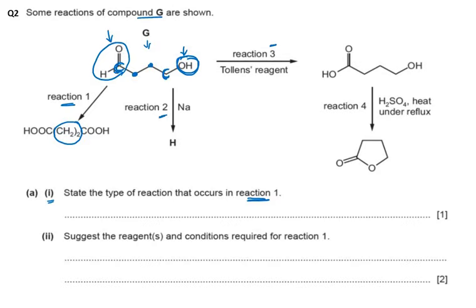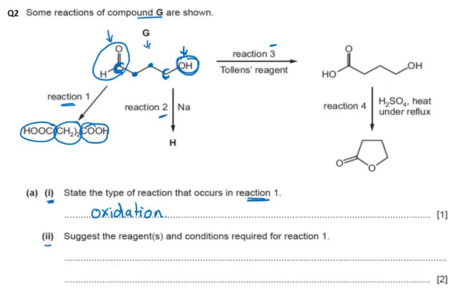Here the aldehyde group has changed to a carboxylic acid, and the alcohol group has also changed to a carboxylic acid. We know, according to the mind maps, that alcohol or aldehyde changing to carboxylic acid is a type of oxidation reaction. So here is our answer for the first sub question.